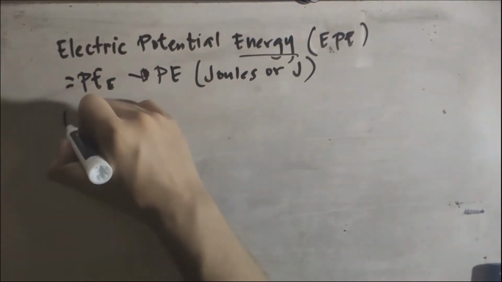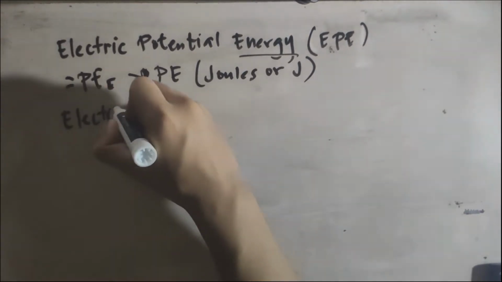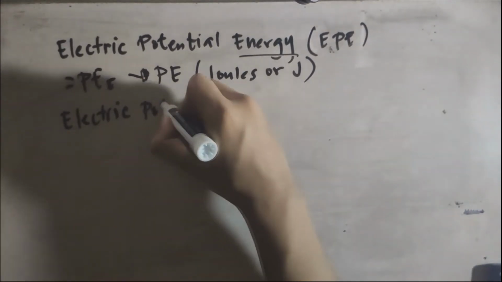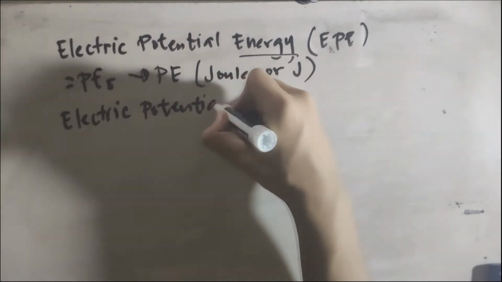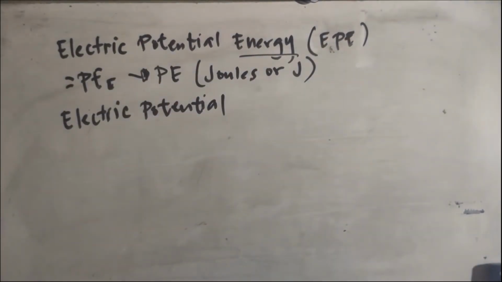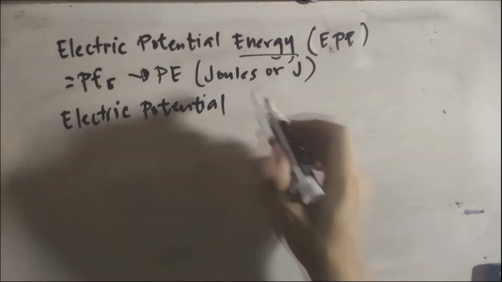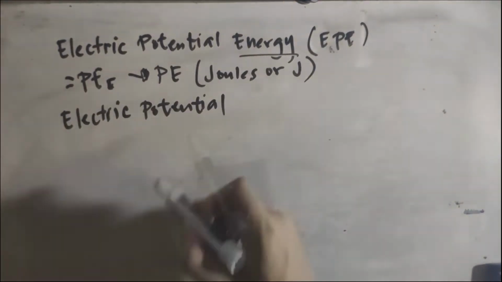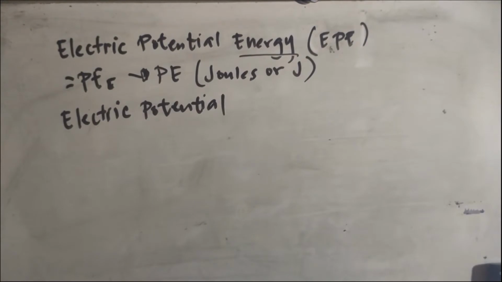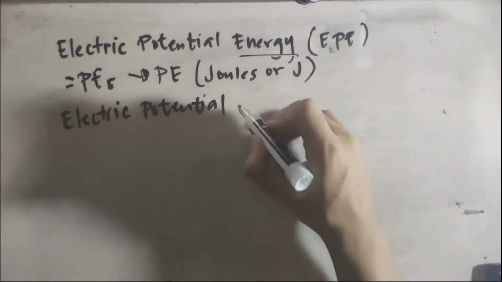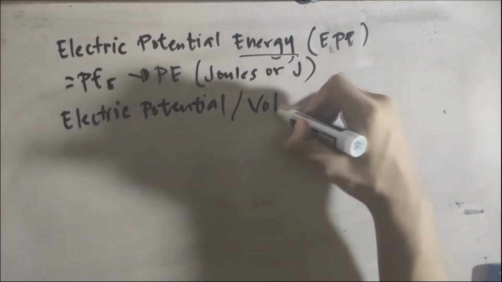Then we have electric potential. This is the capability of a charge to move. If this is the energy required, this one is the potential or the capability. To make things simpler, this is also known as voltage.